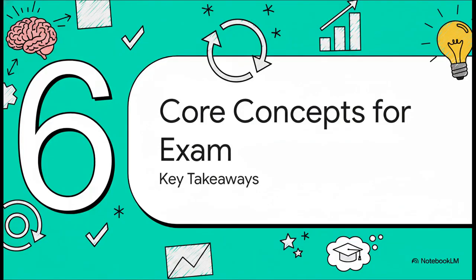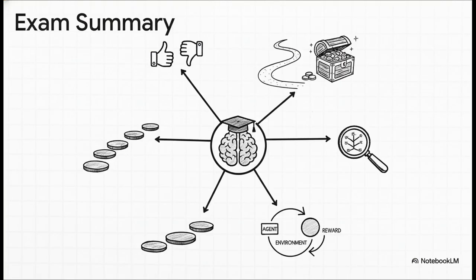All right, let's bring it all home with a quick review. If you've got an exam coming up, these are the key takeaways you'll want to have locked and loaded. Okay, let's run through the list. First, remember, the feedback is evaluative. Good move or bad move, not instructive. Do this instead. Second, the goal is to maximize the cumulative long-term reward, not just the next little prize.